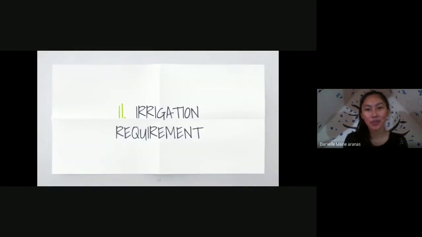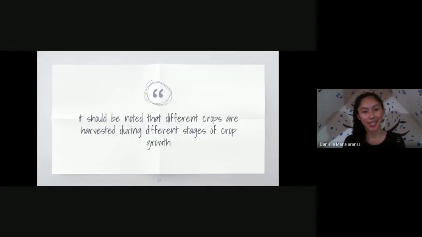Next, the irrigation requirement. Now, based on the consumptive use, the growth of all plants can be divided into three stages: the vegetative, flowering, and the fruiting. The consumptive use continuously increases during the vegetative stage and attains the peak values around the flowering stage. Thereafter, the consumptive use decreases.